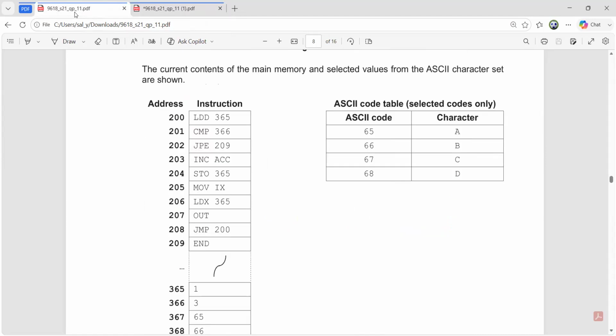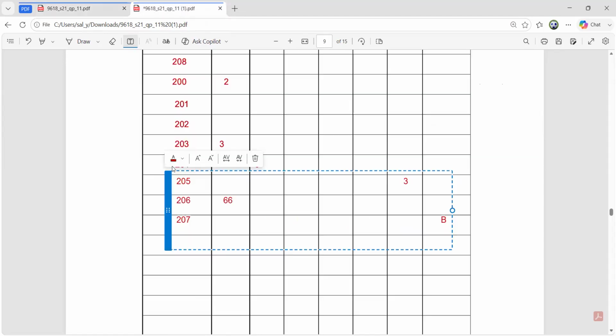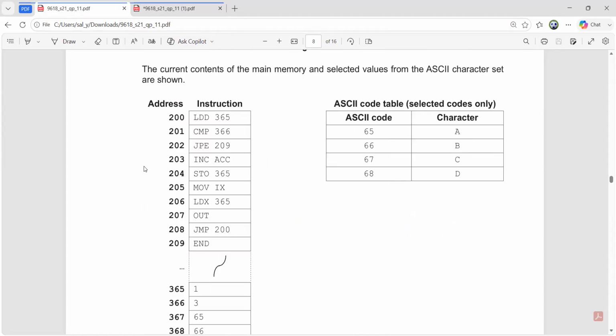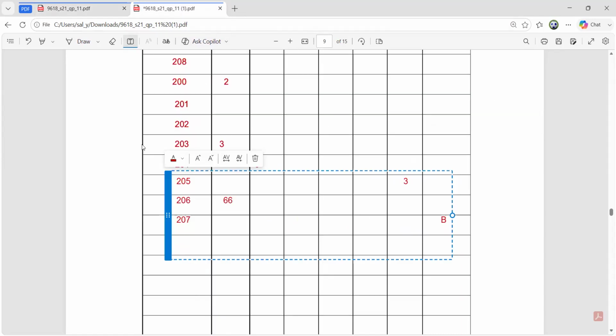You can see the next stage is JMP 200, and JMP 200 means it will be again doing the same thing, repeating the same process once again. So you can see here, 208 will be a jump instruction. And this jump instruction results in 200 being done once again.